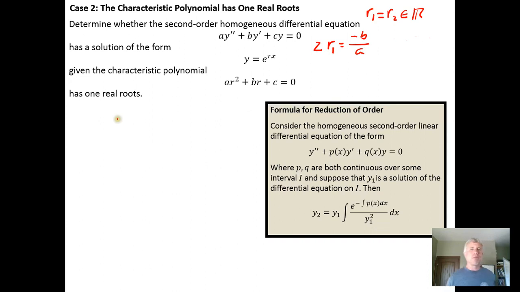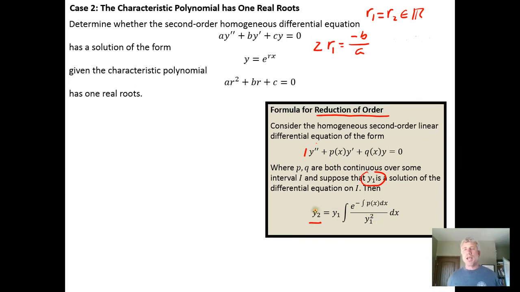This is going to be important because we're going to use the reduction of order technique from the previous homework assignment, which said that if you have a second degree linear homogeneous differential equation in the form where the leading coefficient on y double prime is a 1, and you have a known solution, you can construct a second solution from the known. This is a formula we developed in the previous homework.